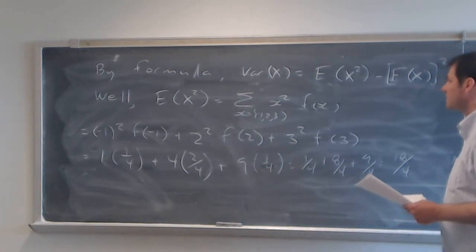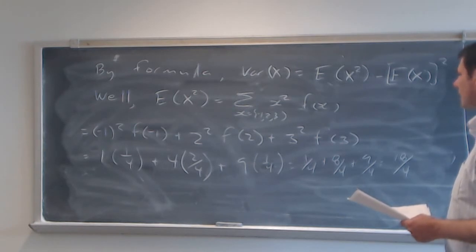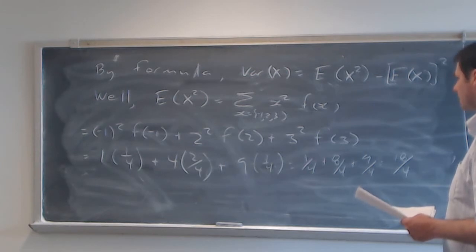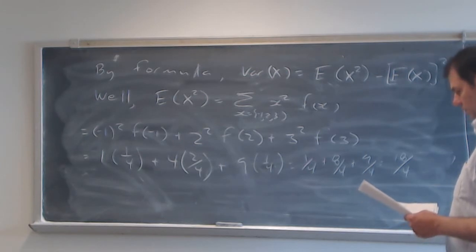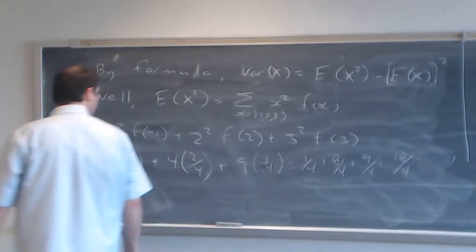That's what I have. Let me check, make sure I didn't make a mistake. 1/4, 2 is black cards, 2/4, 9. That's what I see here. Okay, 18/4, that's what I got.